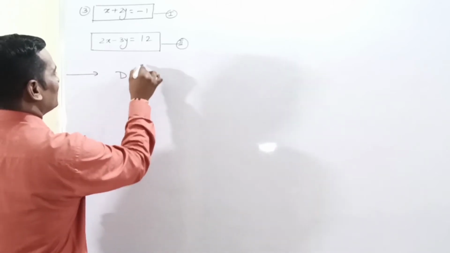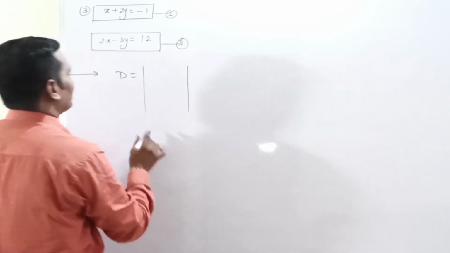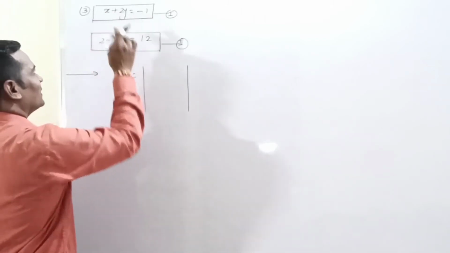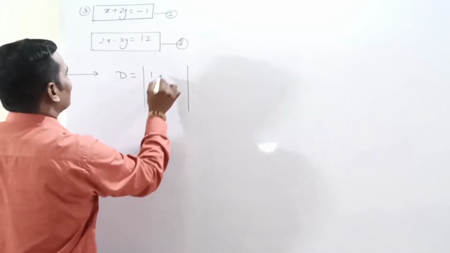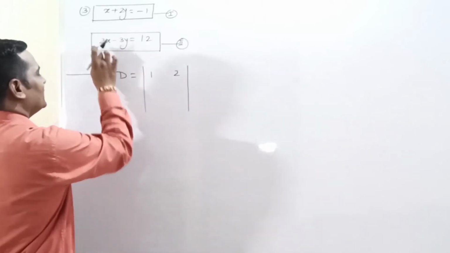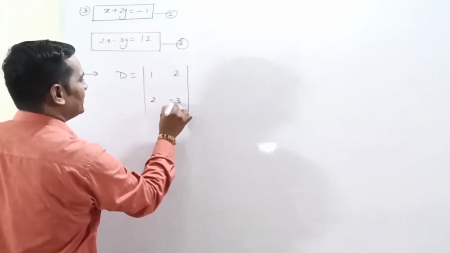So D is equal to, let's take that determinant here. So coefficient of the first two terms. So coefficient of this x is not given, that means this is a 1, second one is a 2. Now here it is again 2 and minus 3.